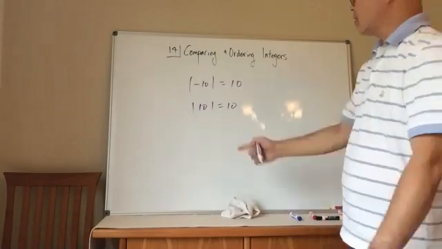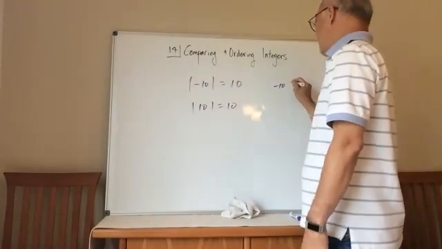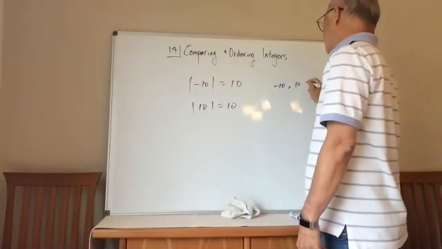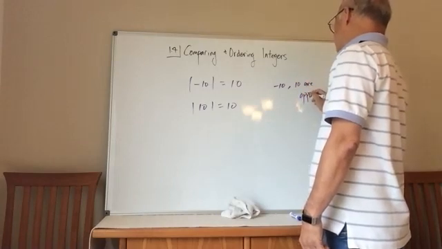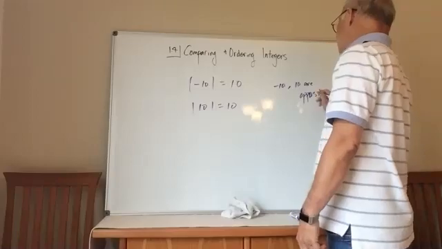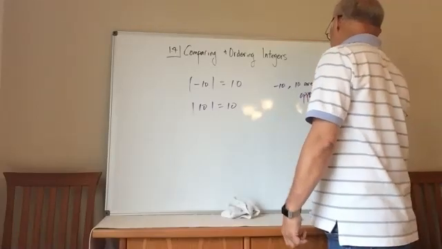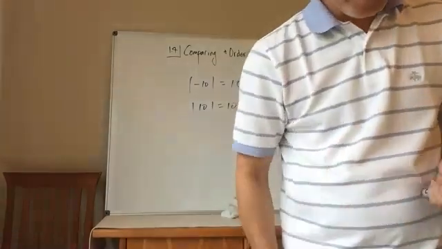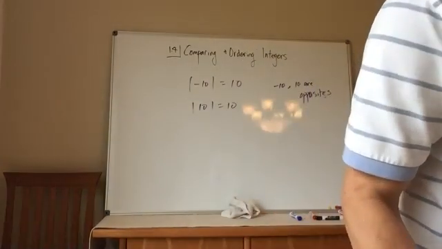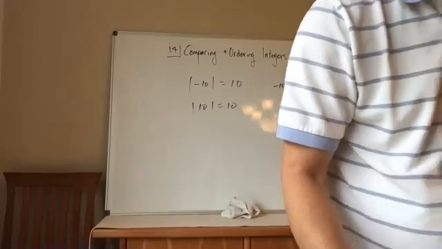Okay, so these are the opposites. So negative 10 and 10 are opposites, right? Because they have the same absolute value, right?